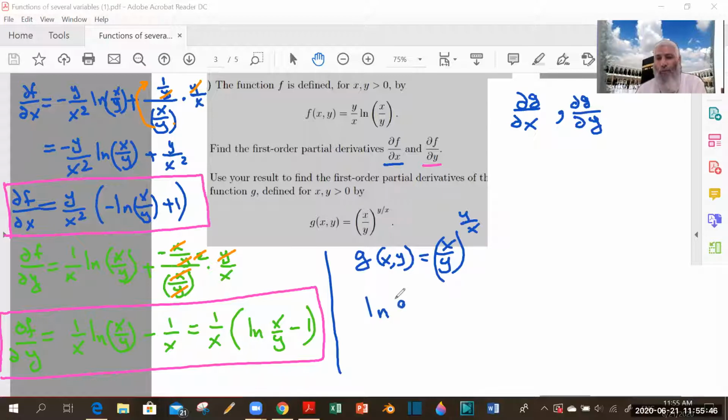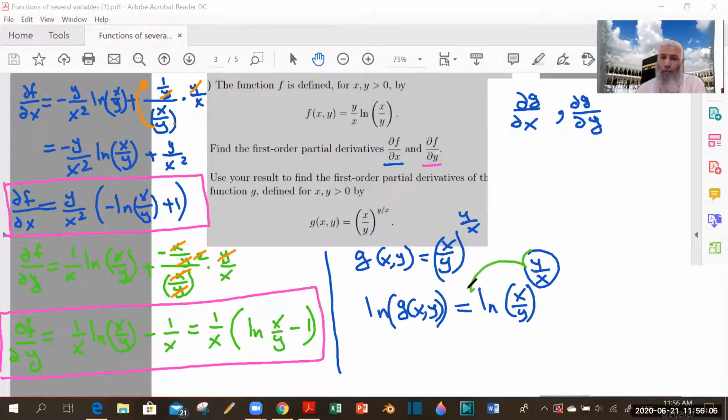So ln of g of x and y equals ln of x over y to the power y over x. From the properties of ln, this power can come before the ln. So now we have ln g of x and y equals y over x ln x over y.